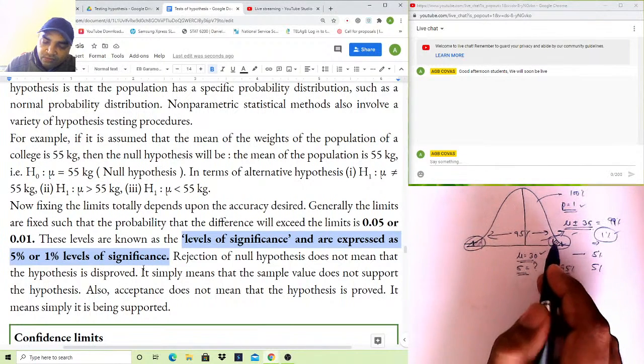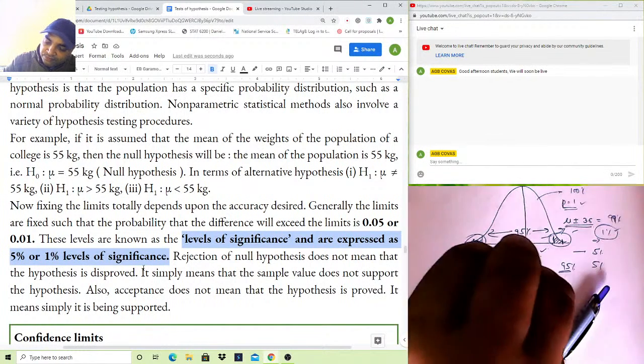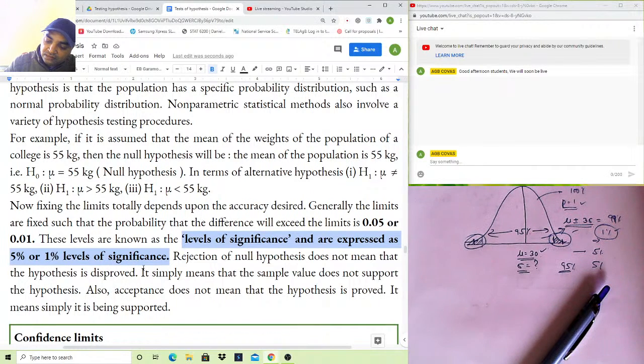So therefore these are known as level of significance, but it does not say that this population is proved. It is simply that the samples are not supporting this. Whatever sample you have taken is not supporting your hypothesis.